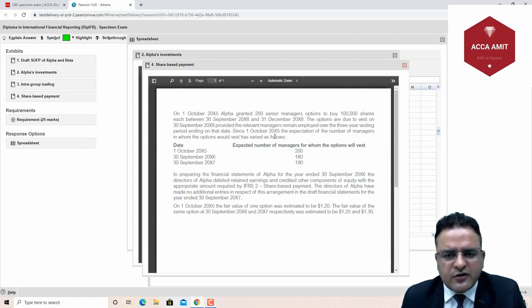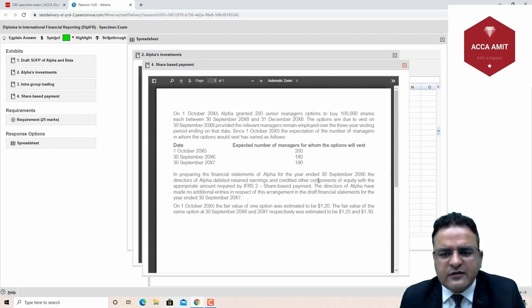On 1st October, the expectation was 200. On 30th September 2006, they turned out to be 180. On 30th September 2007, the expectation is 190. So they were to be spread over 2006, 2007, 2008, 3-year period.